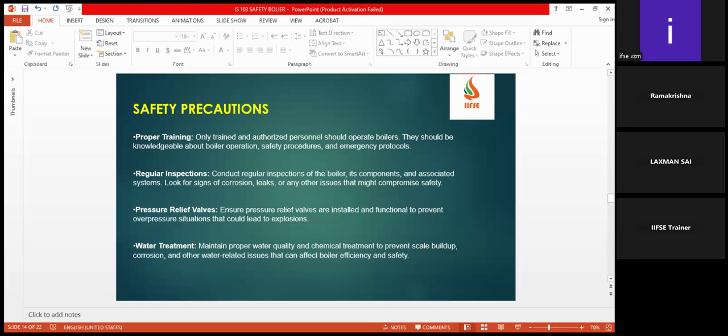Then water treatment, that is also again a major primary area where we have to focus on to maintain proper water quality and the chemical treatment to prevent scale building or corrosion, also other water related issues that can affect the boiler efficiency and safety of the boiler.